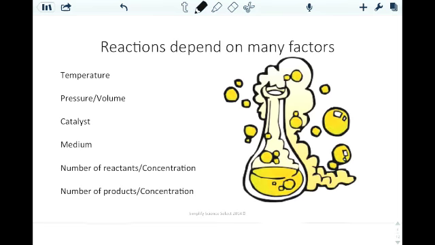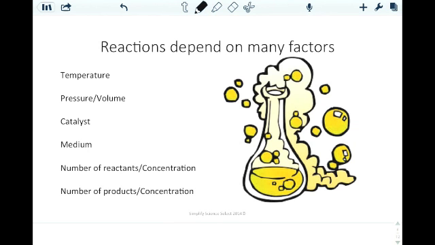Okay, other factors: reactions depend on a lot of different things. Temperature. Temperature is increasing the rate of collision between atoms. We'll talk about temperature and kinetic energy a little more later on in a couple different units. But the one thing we need to understand is that temperature is related to kinetic energy, so how much it's moving.